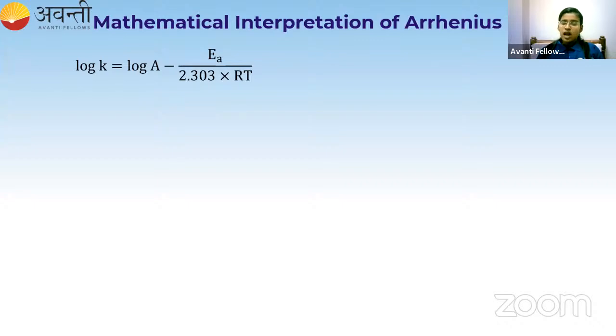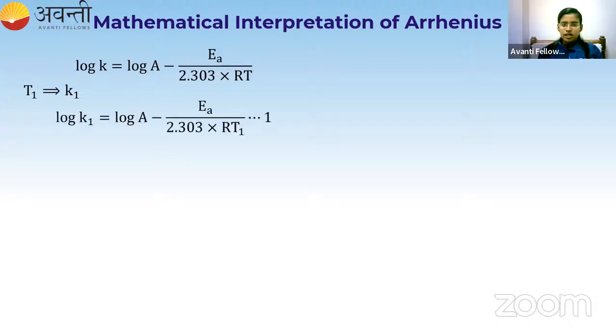Now at temperature T1, the rate constant will be K1. Okay, so now you substitute T1 in place of T and K1 in place of K. You will get one equation and it is taken as equation 1. Okay. At T2, rate constant will be K2.